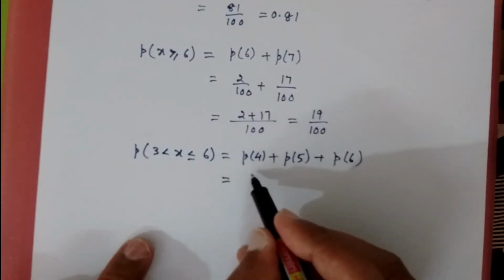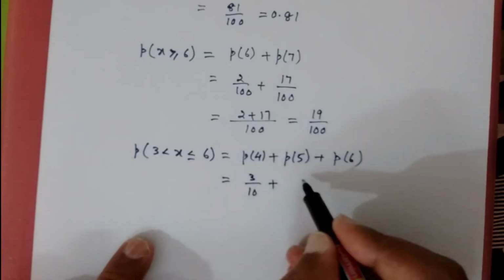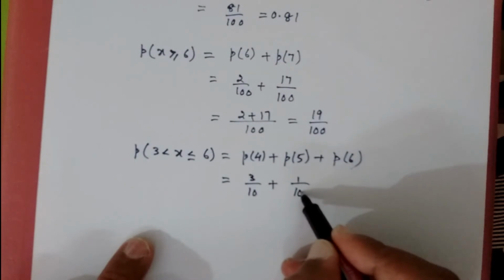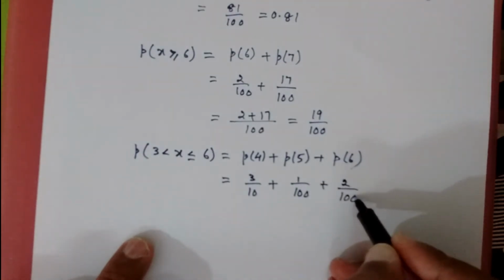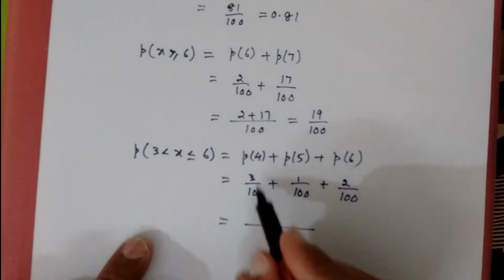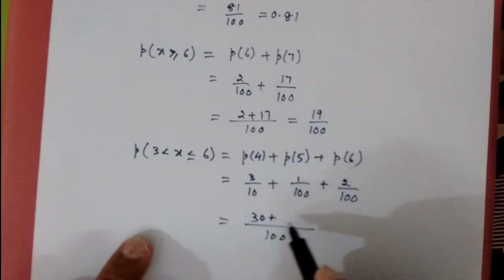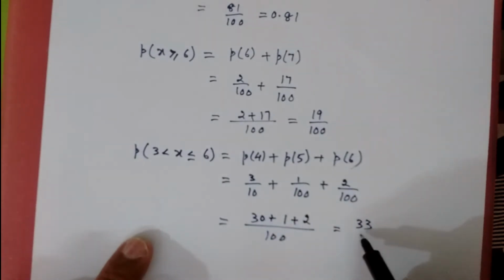So write down p of 4, we know the value is 3 by 10. P of 5, its value is 1 by 100. P of 6, its value is 2 by 100. So we just take the LCM as 100. So here we'll be getting 30. Here it is 1 and it is 2. So we'll get 33 by 100.